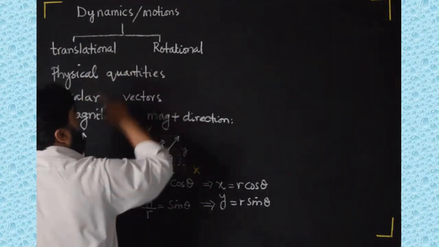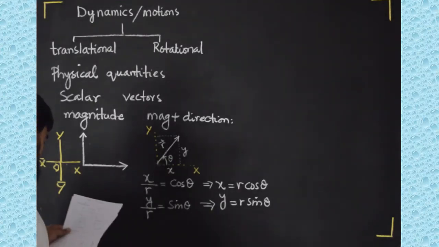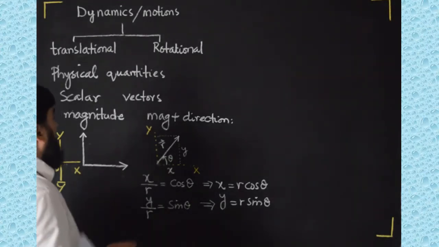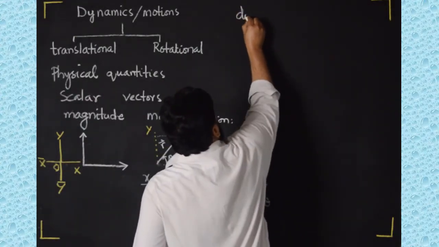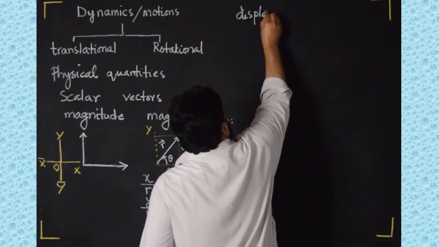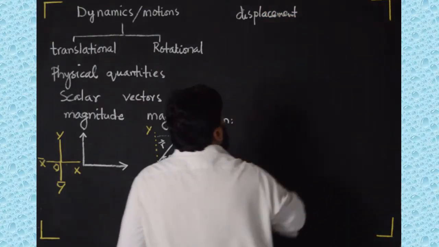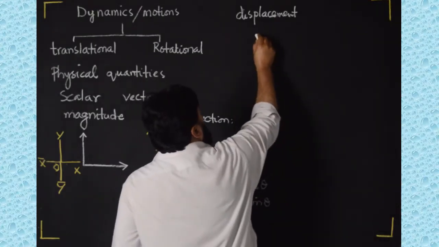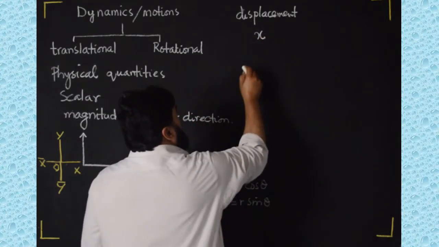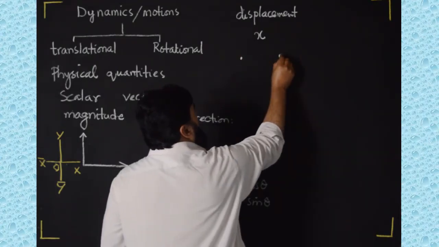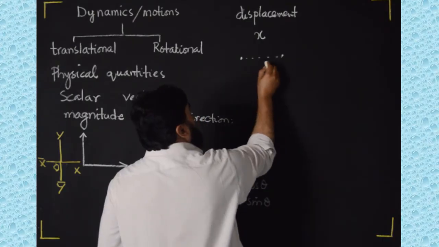So now we are coming back to our translational and rotational dynamics. The very first thing in physics that we discuss is called displacement, and displacement we denote by x. Displacement is actually the distance from one point to another point in exactly a straight line.